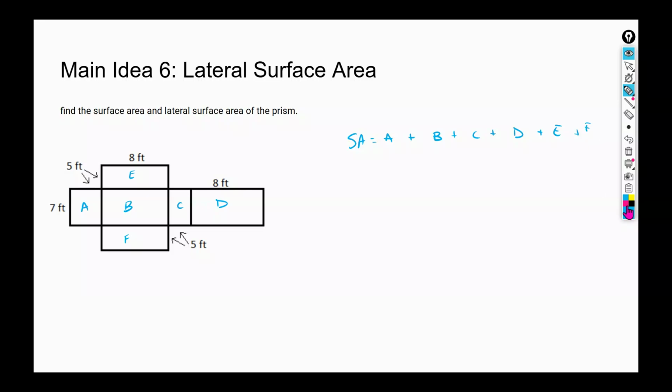So let's find each area. Okay, we have 5 here, so that means this is 5 and this is 7. All we're going to do is length times width. 7 times 5 is 35. Replace A with 35. All I did was length times width. Okay, now we're doing B. That's this one right here.